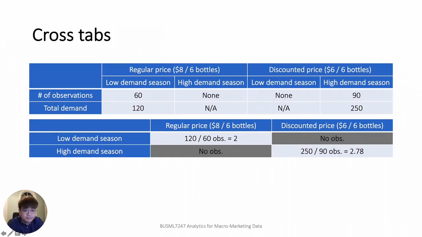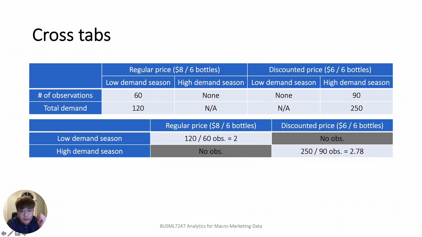This is an example. Beer weighing. For simplicity, suppose that there are only two price levels, $8, which is the regular price, and $6, which is the discounted price. The first table shows the number of observations and total demand in data by seasons, like winter and summer.